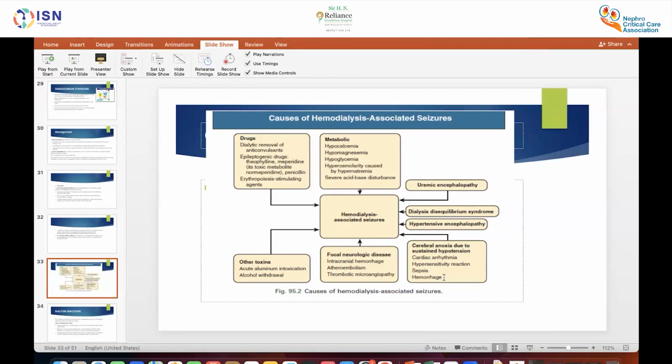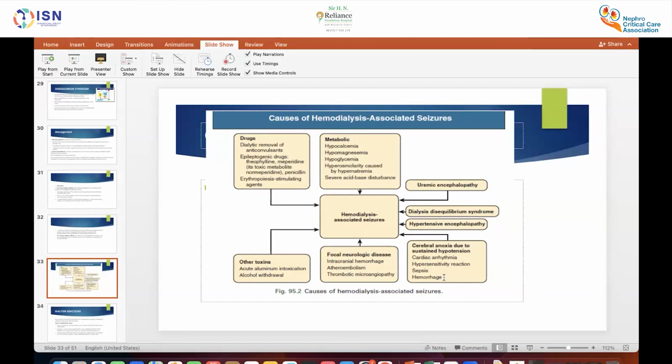Second, the potassium level will be low in those cases. Why is the potassium level low? One is that we are taking potassium out through the dialysis, but that fraction is very low. It is not very high. But what we are doing is creating a metabolic alkalosis environment where the potassium will be moving inside the cell.